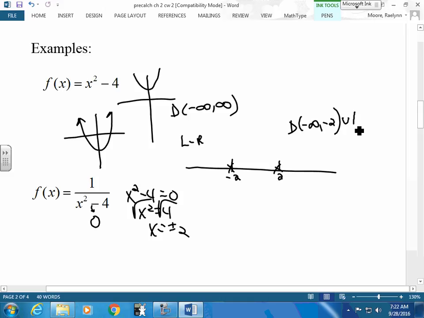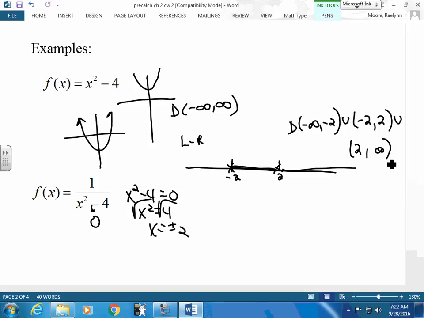So I start up again at the other side of it, and I have to include this part. So I go from here to 2. If you say jump over it, it's the easiest way to remember it. Jump over 2, and then keep on going to infinity. There's no hard brackets on the ones that you cannot use. Good?